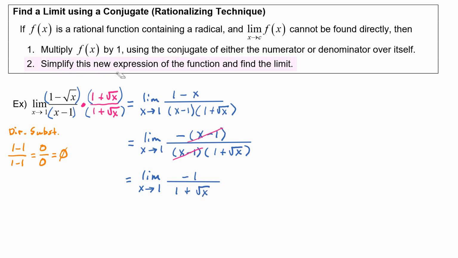Now that we have simplified, we will find the limit of this new simpler expression. So we take this 1, plug it in for x, we can see this is going to become negative 1 over 1 plus radical 1. And this will simplify to negative 1/2.